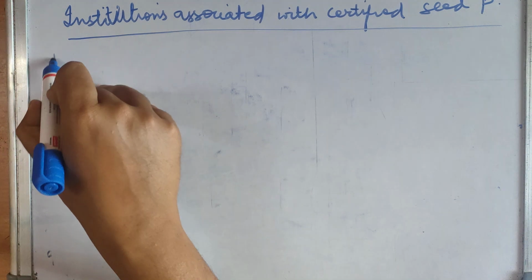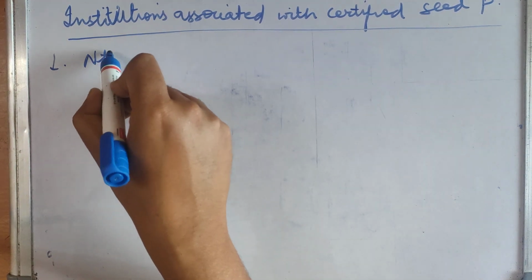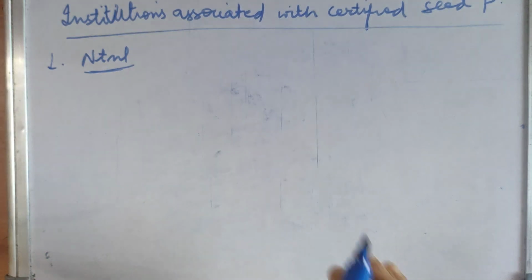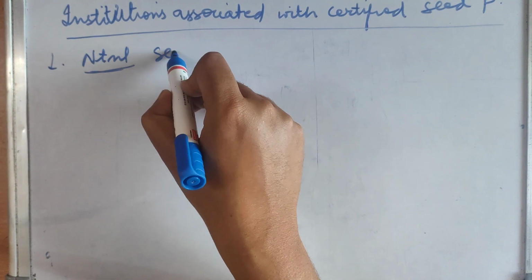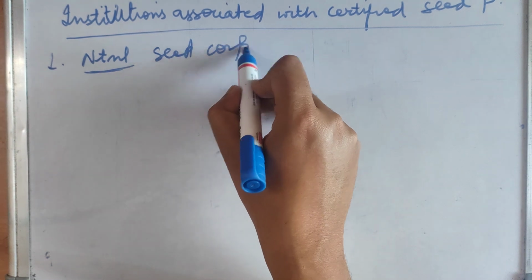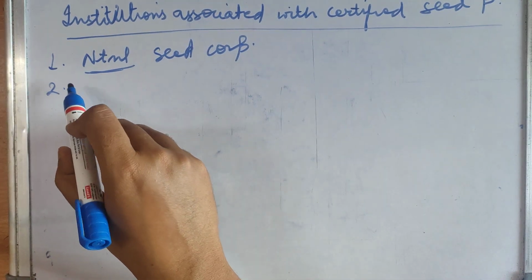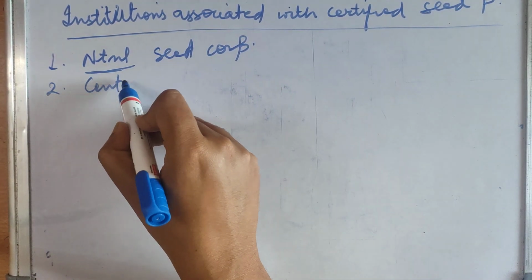First one is National Seed Corporation. I used to write national like this in short. Second one is Central Seed Committee.